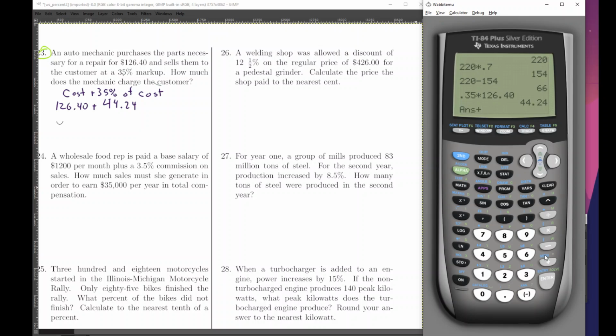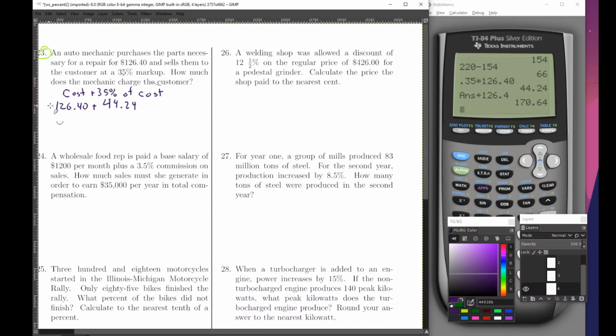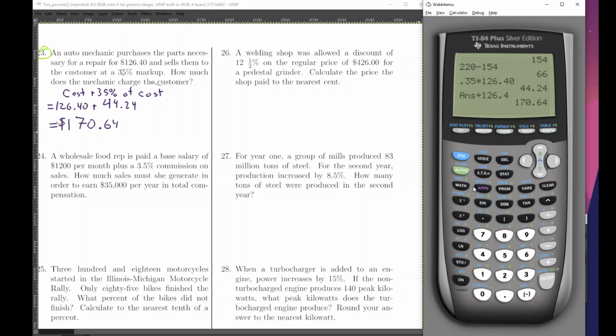So plus 126.4. $170.64. We could also do 126.4 times 1.35. And that one says add it back to the original amount. So that'll get us the same thing there.